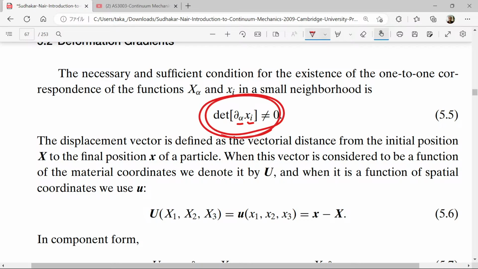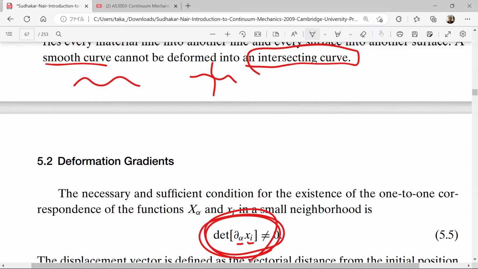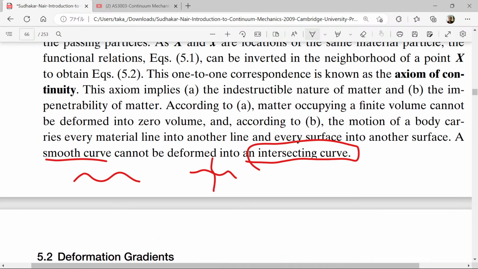Anyway, we probably have to accept whatever it is. This is a condition we have to admit or accept.